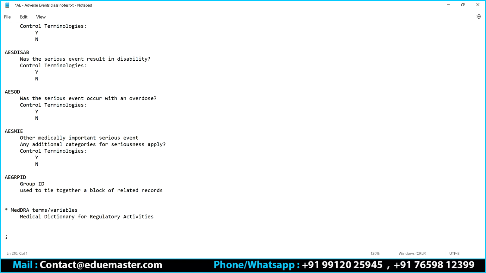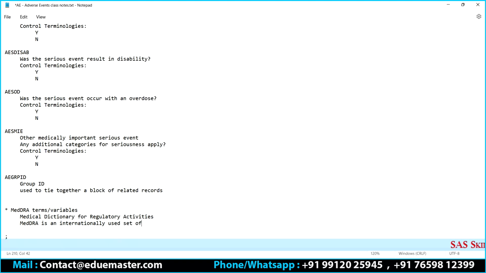So what exactly is it? I can simply say that MedDRA is an internationally used set of terms. Remember, these are internationally defined. We are going to use these same across the globe, right? So these are the set of terms related to three things.